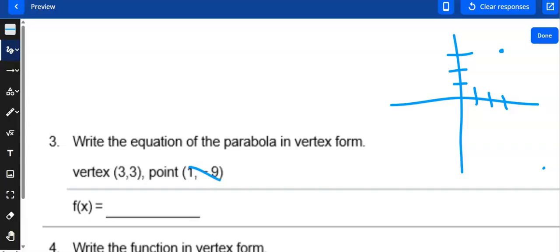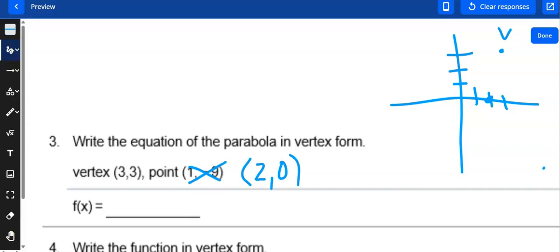Then 2, 0. So that means another dot on the graph is right there.